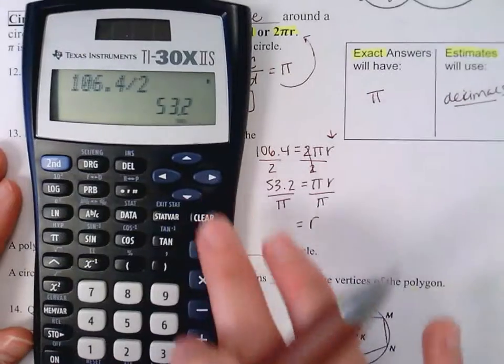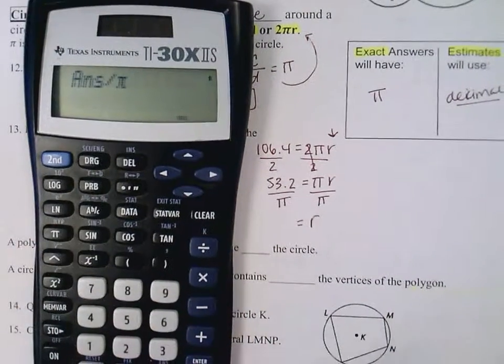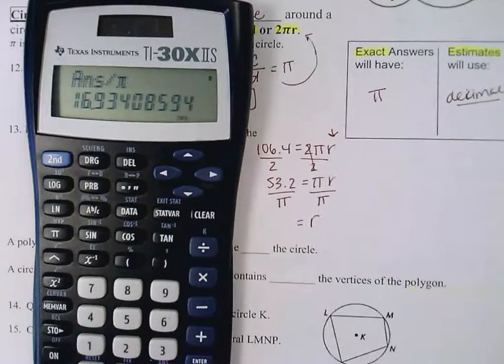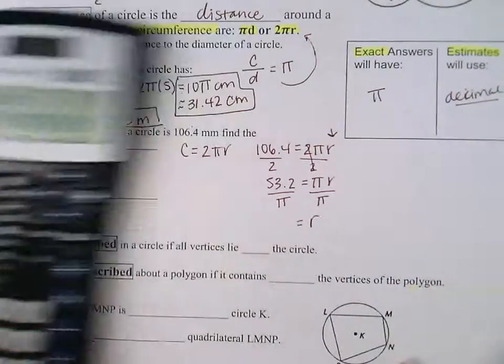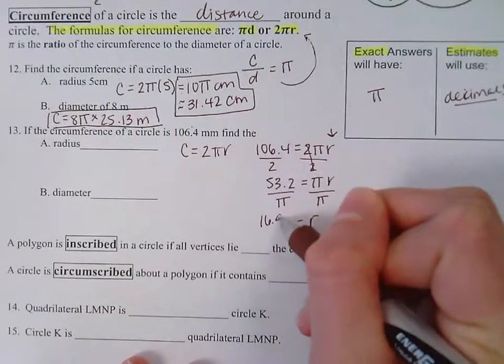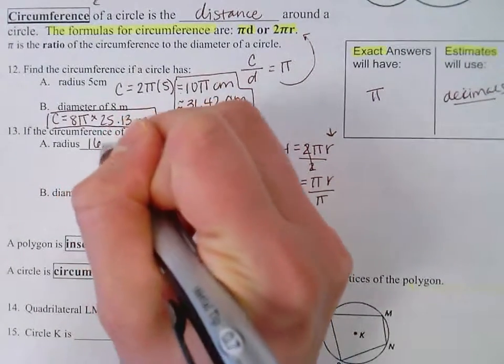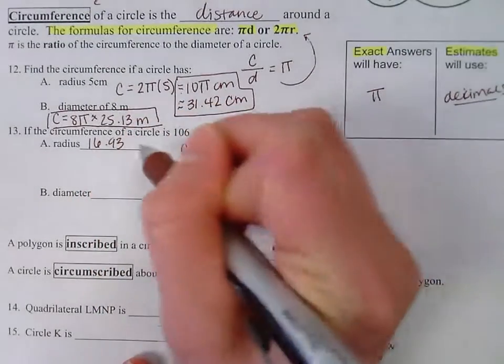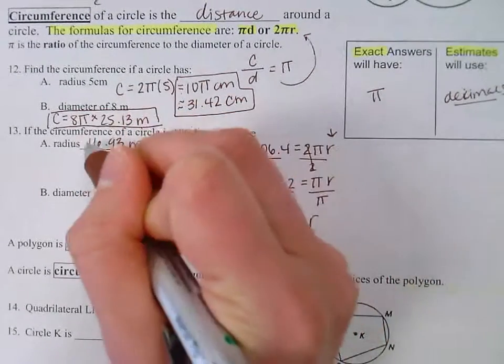And again, 53.2 divided by, use the pi key, so about 16.93. So radius is 16.93 millimeters.